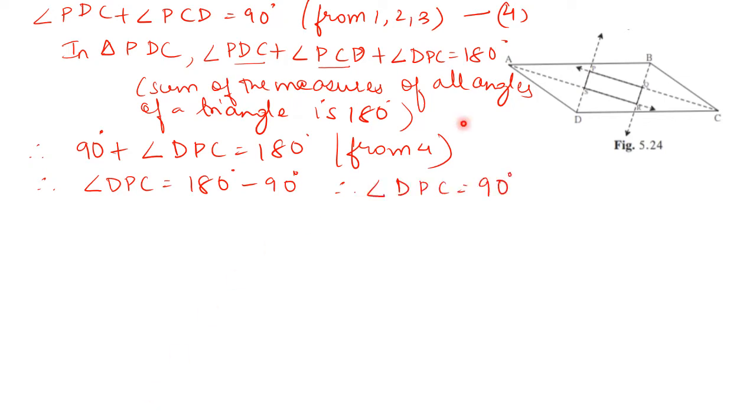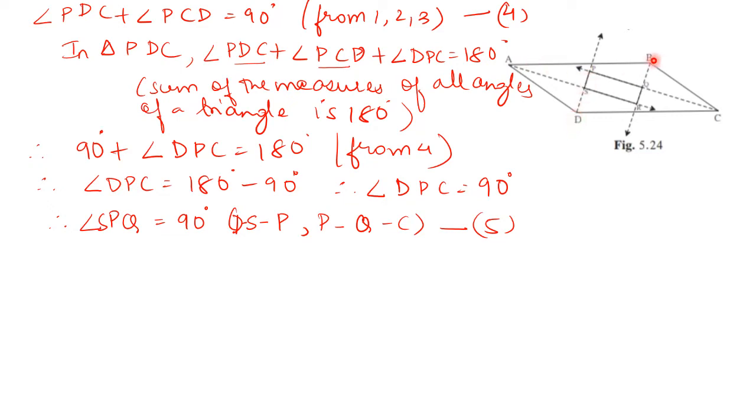If angle DPC is 90 degrees, I can say SPQ is 90 degrees because they lie in the same line. So I will write it as, therefore, angle SPQ is also 90 degrees. The reason being D-S-P and P-Q-C are collinear. That becomes my fifth statement. Similarly, if I have proved SPQ is 90 degrees, I can also prove that ASD is 90 degrees.